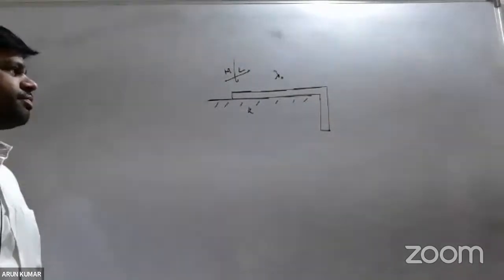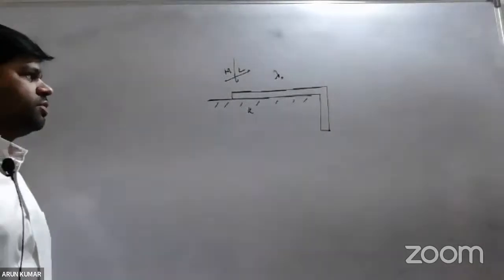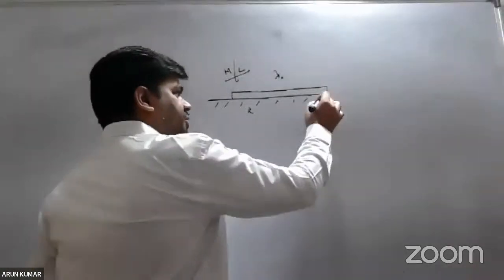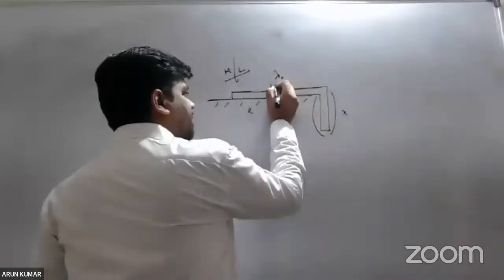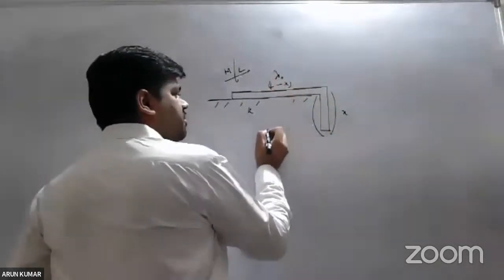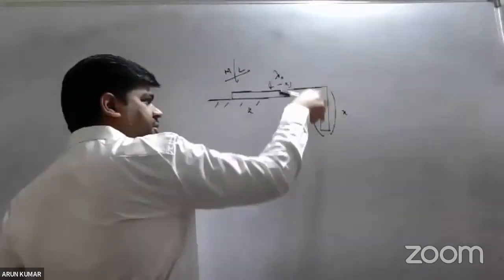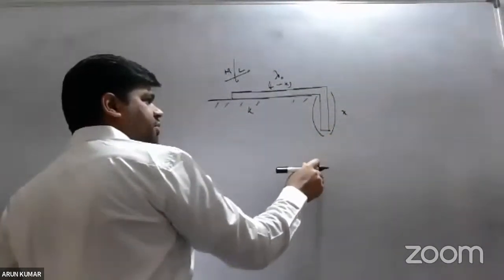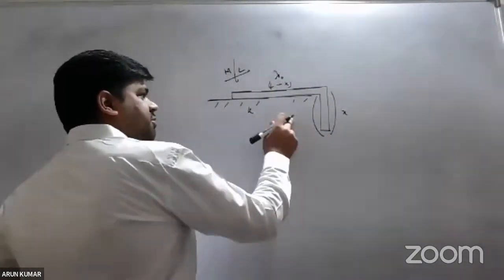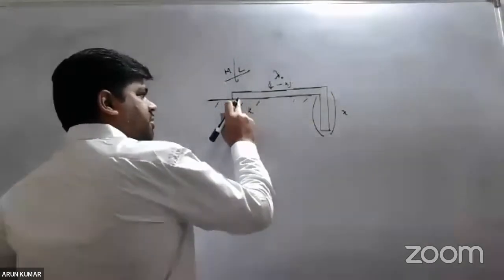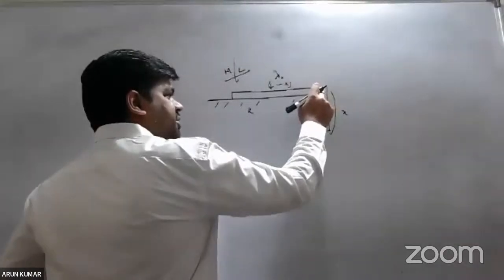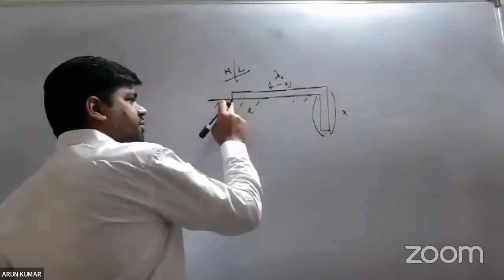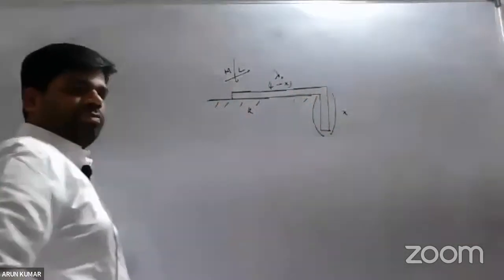So what do I do? The force acting on this part, let's say this is x, and this is l minus x. So the force acting on the hanging part is the gravitational force, which is to be counterbalanced by the tension, and that tension is equal to the limiting friction over here.